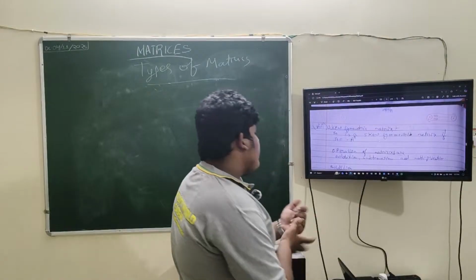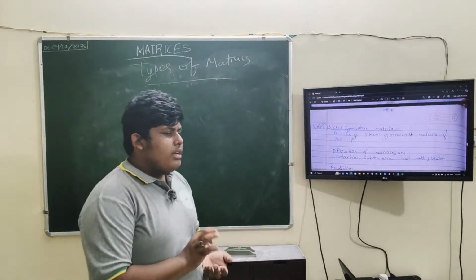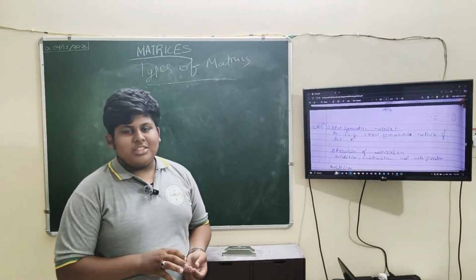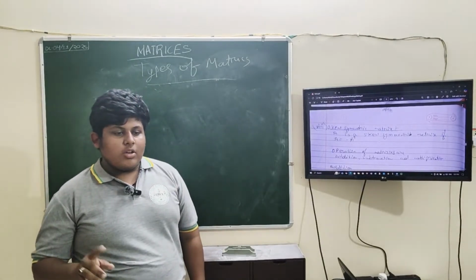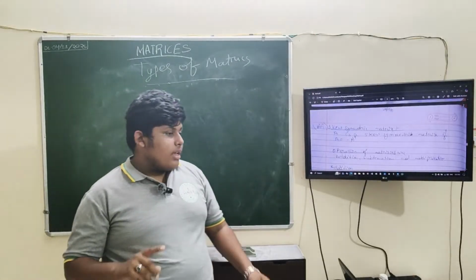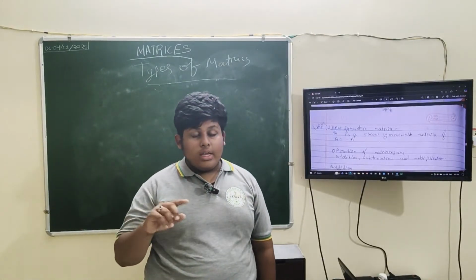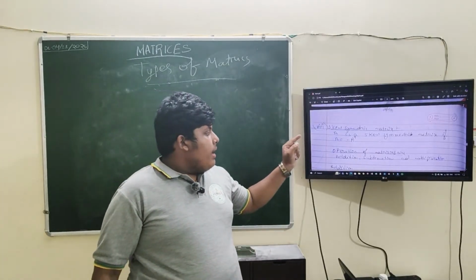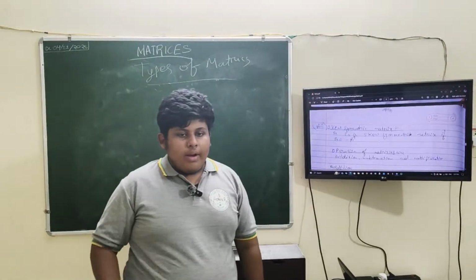Next is the skew symmetric matrix. We have studied the symmetric matrix, which is A equals transpose of A, and skew symmetric is A equals minus of A transpose.